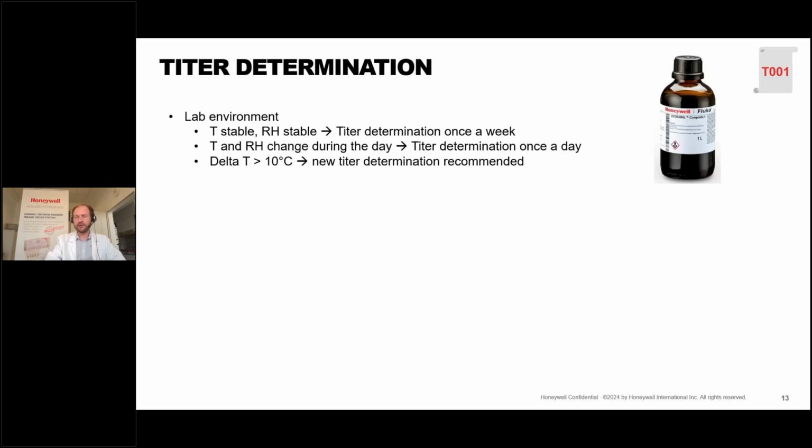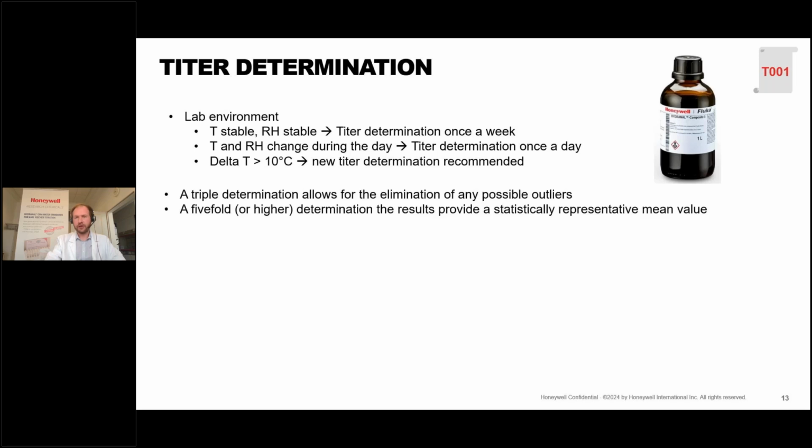However, most labs perform a titer determination once a day, since often the lab environment changes every day, and some even do the titer determination more than once a day if temperature is changing, for example, by 10 degrees Celsius. We recommend performing at least a triple determination, so that allows the elimination of any possible outliers.